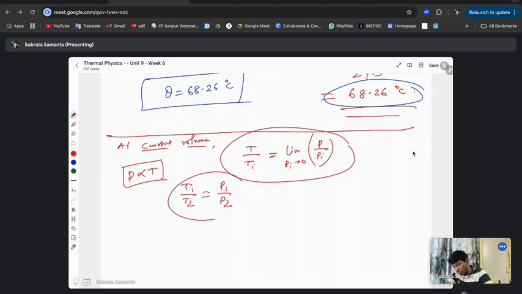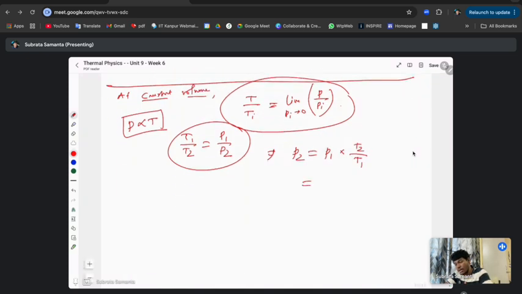So therefore P2 equals P1 times T2 over T1, right? And P1 is 1 atm times T2.